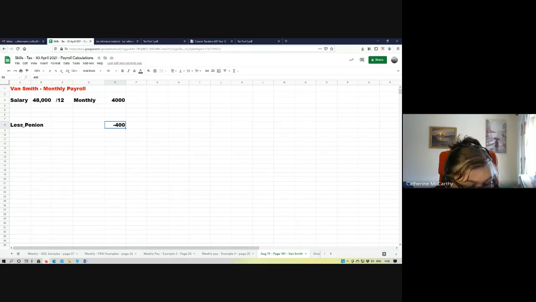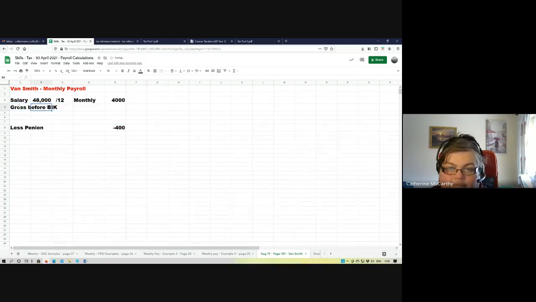And then the benefit in kind charge: he has the use of a company car for the whole year, and a company car is a taxable benefit in kind. So the benefit in kind charge for the year is €6,000. So this is our gross before BIK, 4,000.